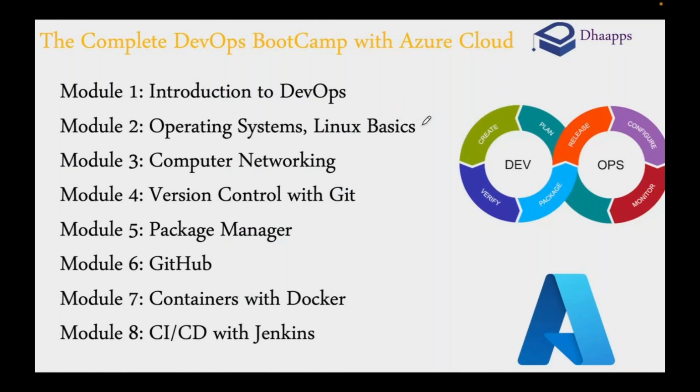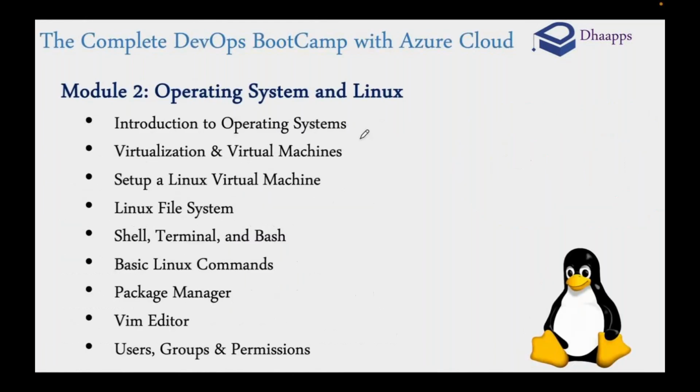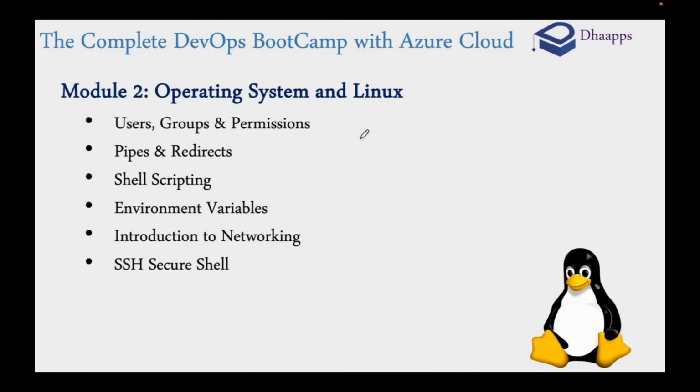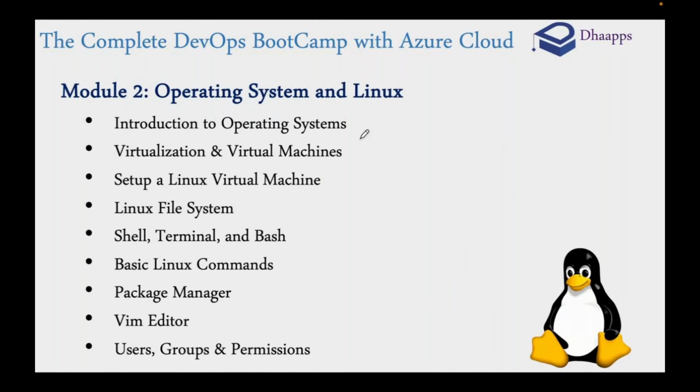In module 3, we have computer networks. This is the most important prerequisite class. We have a detailed session on these two topics so that even if you are not from a computer background, you can get a DevOps job. One by one we are going to cover.